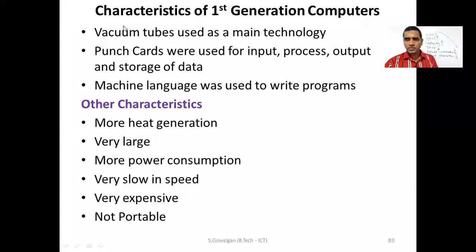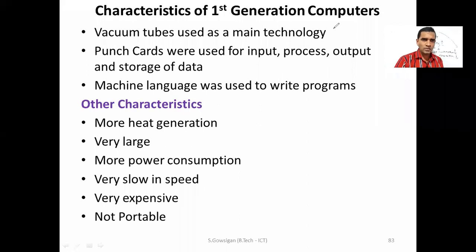Look at the characteristics of the first generation computer. Every computer functions based on a technology. There may be a major hardware inside for performing data processing. You know what happens inside a computer, right?